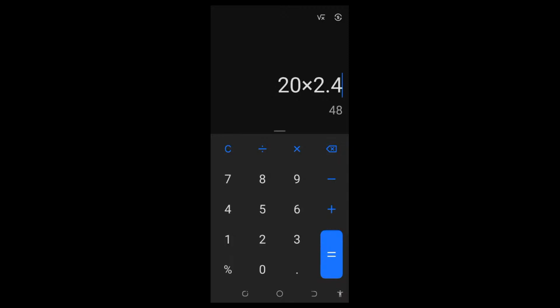So if you had $2,000, for instance, times 2.4%, what would you get? You get $48. So that means that if you had $1,000, you would get $24 as your profit. If you had $100, you would get $2.40. And that's why with my $20, I was able to get 48 cents.